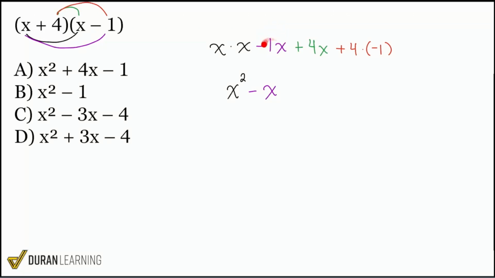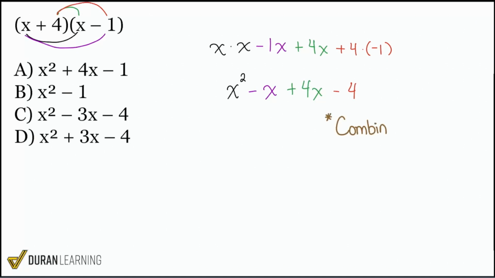Okay, so that's what we have there. And then we have the plus 4x still where it is. And then we have 4 times -1. Everybody, a positive times a negative gives us a negative, making this answer here negative or minus 4. So that's the first step. Now we have to finish this off by combining like terms.